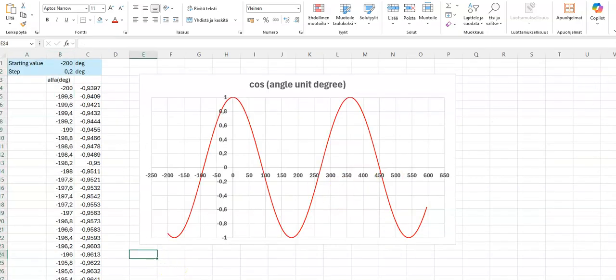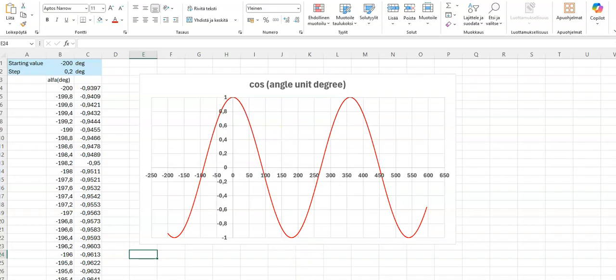And then the last one. In this Excel sheet there are many other pictures also. I have drawn the same figures in units of radians. If we calculate the angle in radian units, the figures look similar, but of course the x-axis is different because it is the radian value.